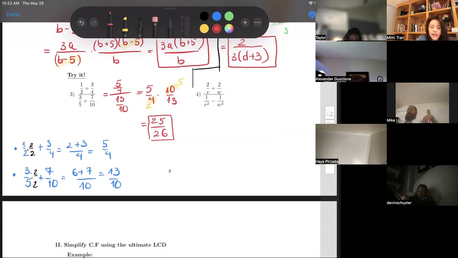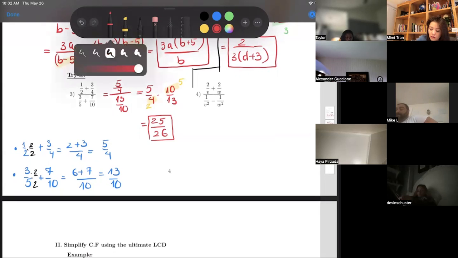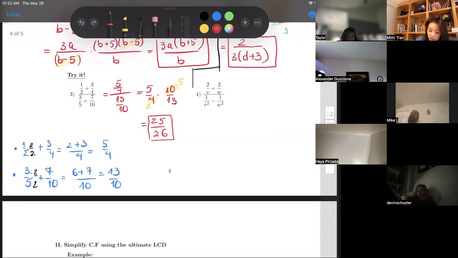And on the exam, a lot of students forget and multiply the bottom by 2 only. They forgot to multiply the top. That means you change your fraction. You don't want to change it. If you multiply the bottom by something, you multiply the top by that same number, so you don't change your expression. 2/2 is 1.